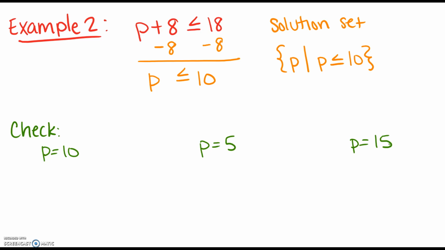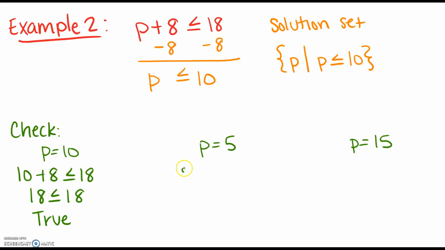When we do that, we have 10 plus 8 is less than or equal to 18. And 10 plus 8 gives me 18. 18 is equal to 18, and that is part of our inequality symbol, so it is true.